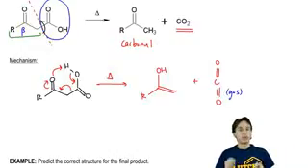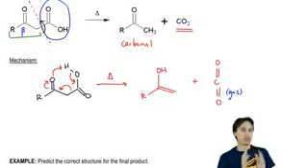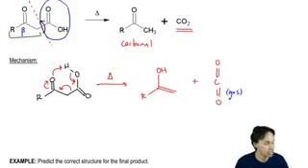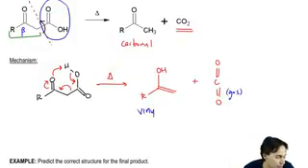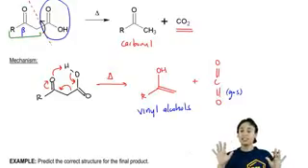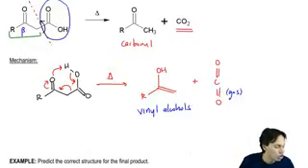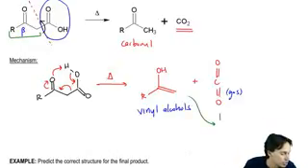But guys, this is something that we're going to talk about a lot more if you haven't talked about it yet. But there's something special about vinyl alcohols. Does anyone remember? What's special about vinyl alcohols? Guys, they undergo this completely separate, special process called tautomerization.